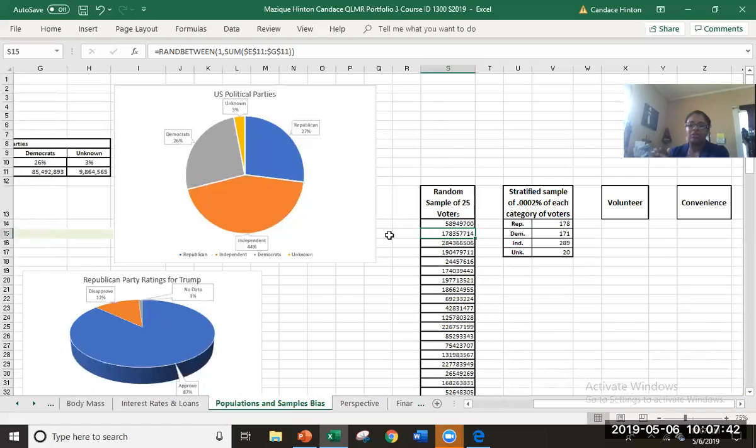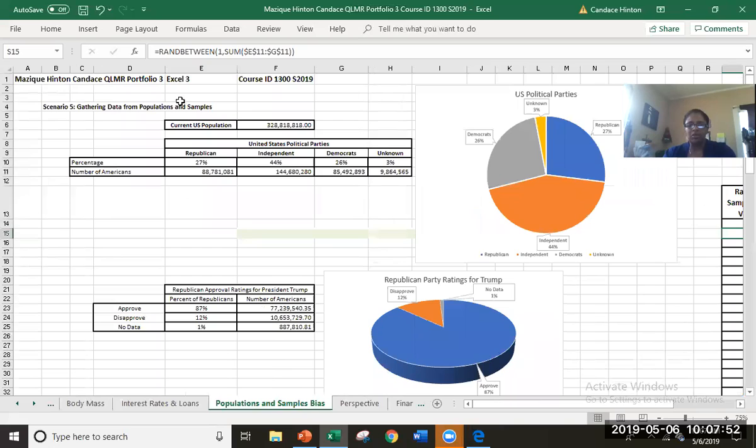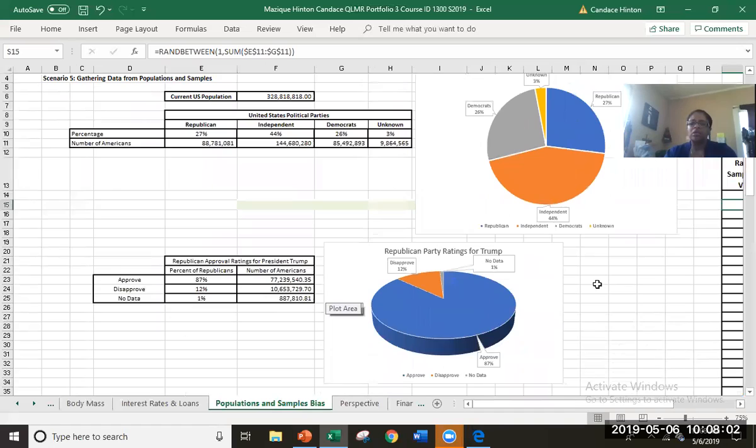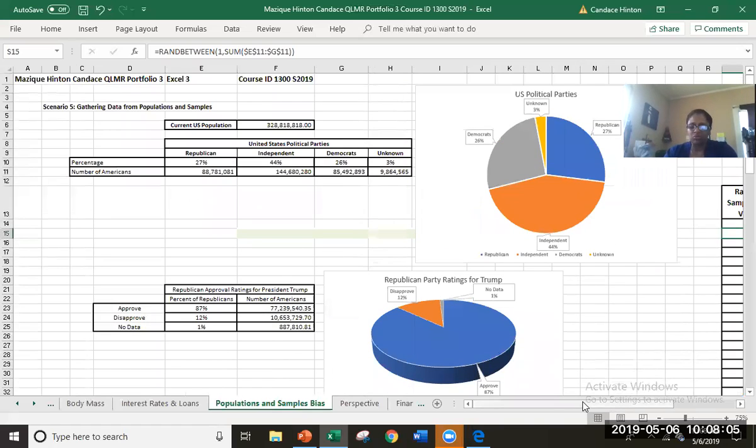So I can't say that I'm going to go to just all Republicans and poll only Republicans and be done with that. That wouldn't give me, you see, with the numbers here, a level playing ground, and it would not all be equal. So I would need to go through each party and do some sampling if that's what I chose to do.